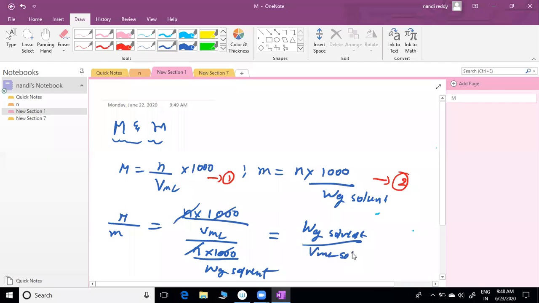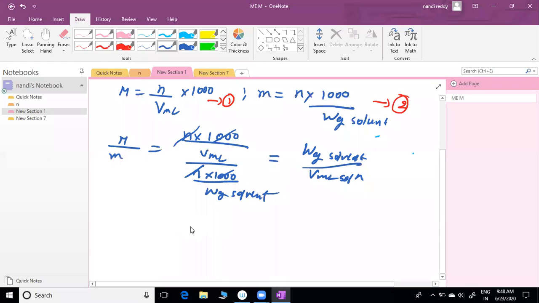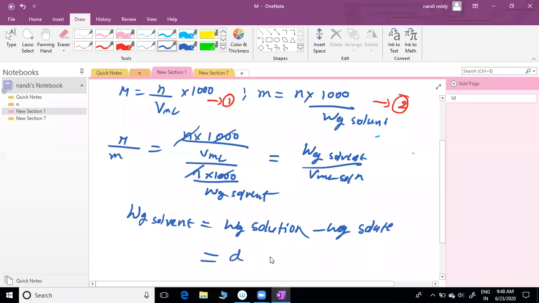Again I am writing W grams of solvent equal to W grams of solution minus W grams of solute. Nothing is the doubt, everyone. W grams of solution is density into volume of solution.